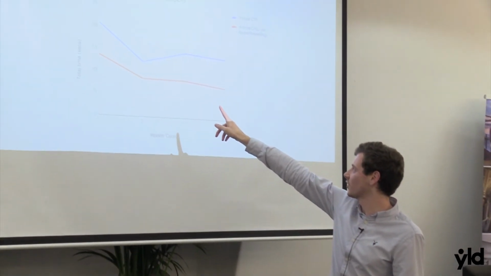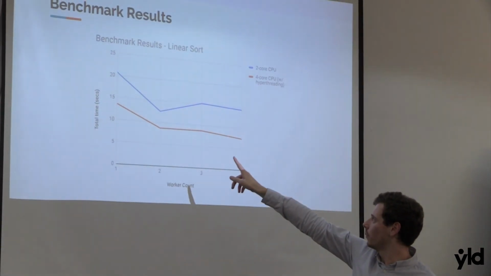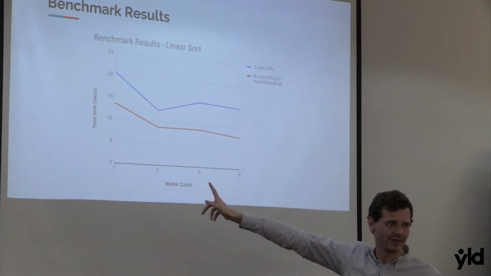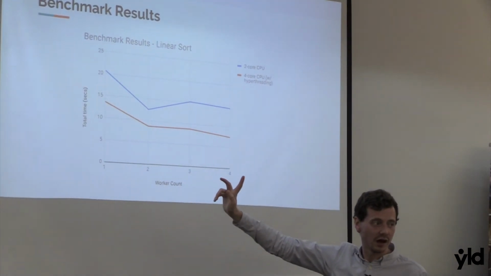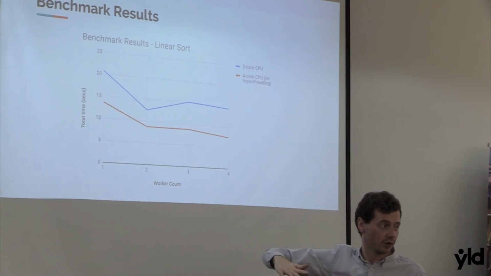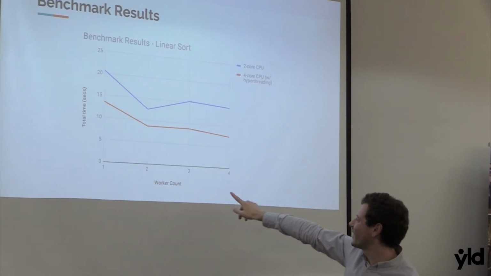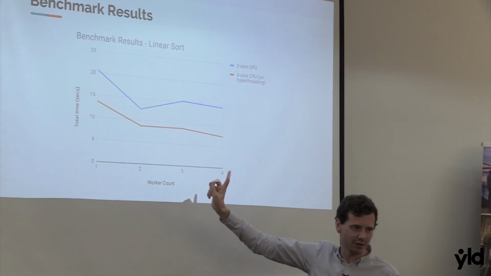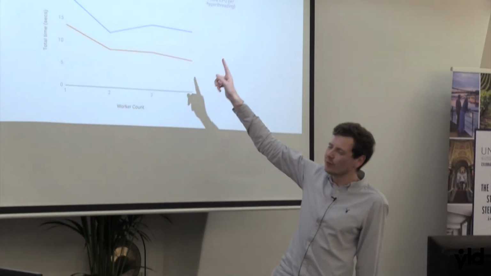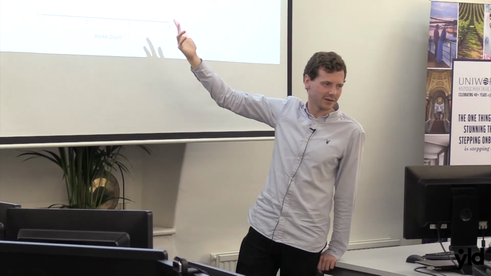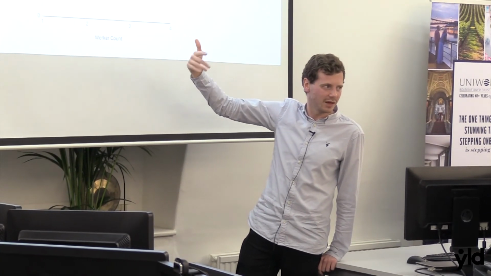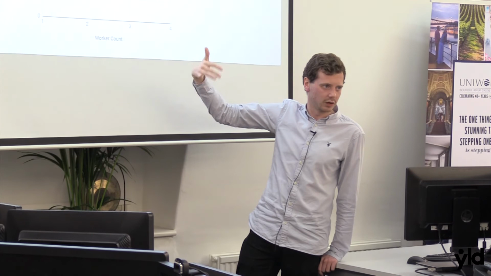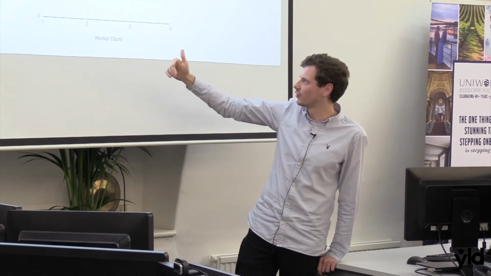As soon as I introduced a second worker, this dropped to 12 seconds, so using this approach I was able to almost halve the processing time. And then if you have a look at the 2-core CPU, when I increased to 3 workers and 4 workers, it went up a little bit, but I assume that's because on the 2-core CPU it wasn't able to schedule the time required too efficiently.